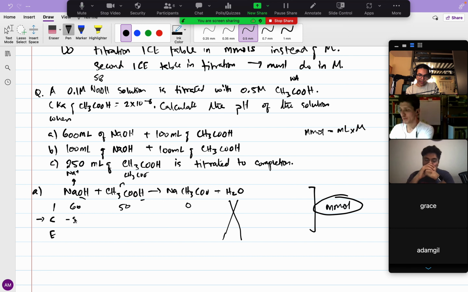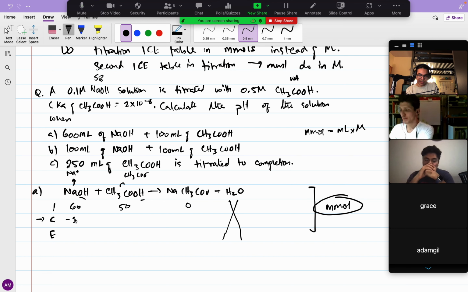Now, we have a strong species that survives. So we ignore everything else and we run with our strong species. Okay. So we have 10 millimoles of NaOH. Usually, to do any kind of calculation for pH or pOH, you need the molarity. What is the molarity of NaOH here? To calculate molarity, you divide millimoles by total milliliters.